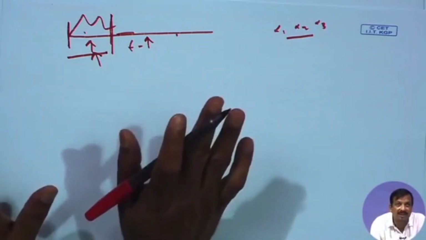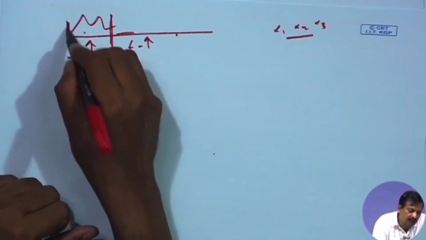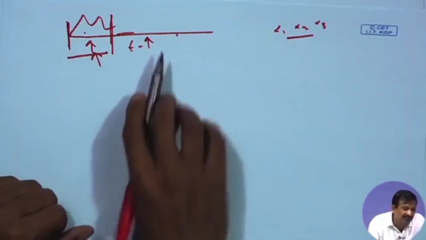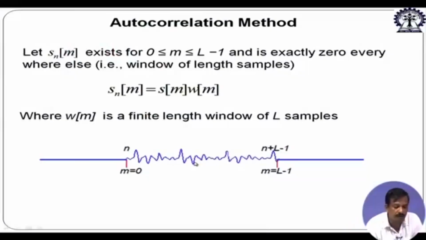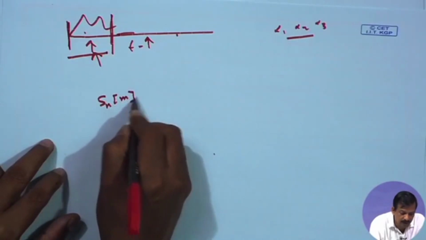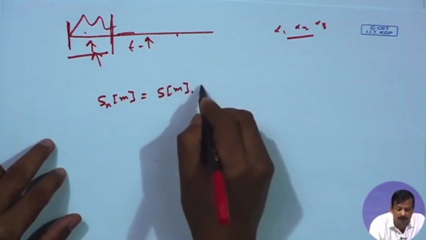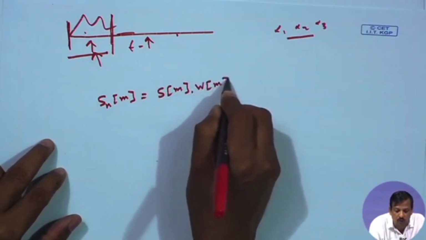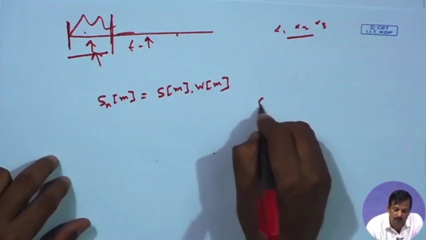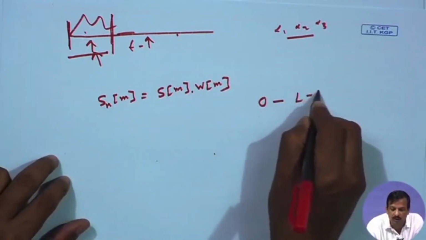If I take that, then the speech signal which I have taken, S_n(m), is nothing but an infinite series of S(m) multiplied by a window function whose support is between 0 and L minus 1.